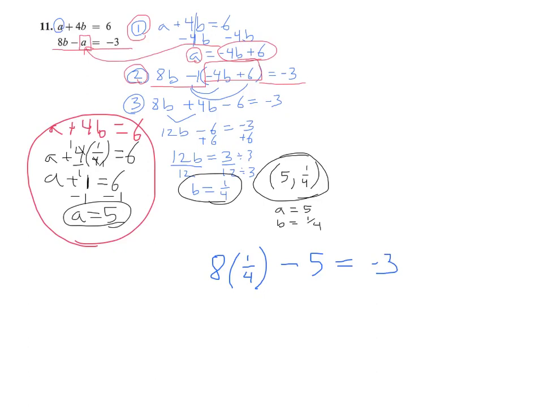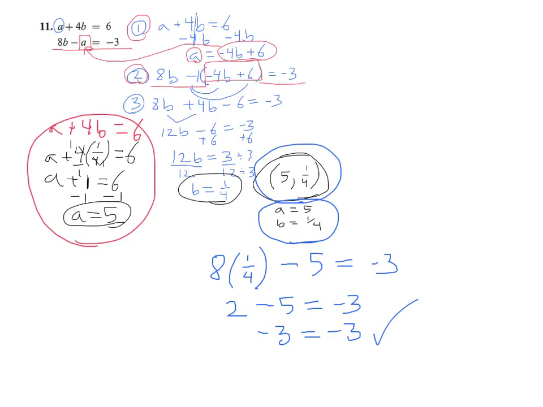Let's see. 1/4 of 8, or 8 divided by 4, is 2. Minus 5 is -3. Again, -3 equals -3. And yep, we checked it. It's right. Here's our answer written in either of these two ways.